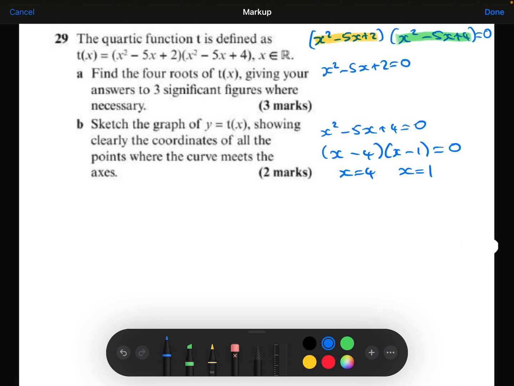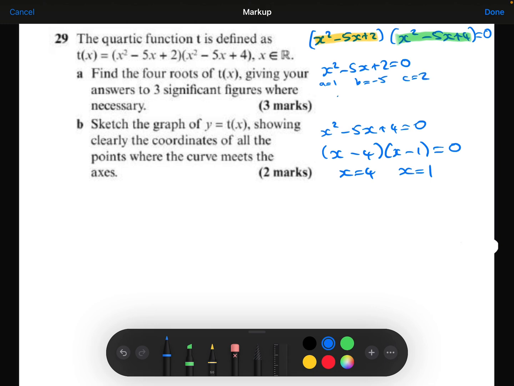The first quadratic there, the x squared minus 5x plus 2 equals 0, doesn't factorize. But that's fine, we can use the quadratic formula on that, where a is 1, b is minus 5, and c is 2.